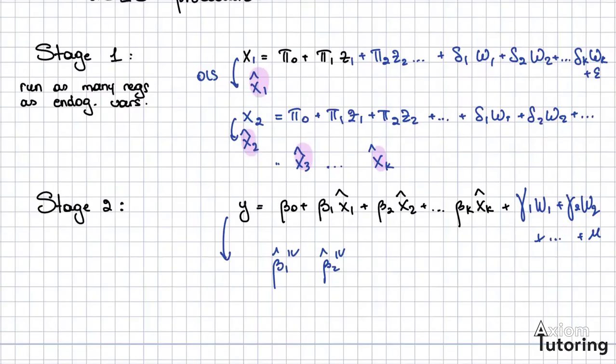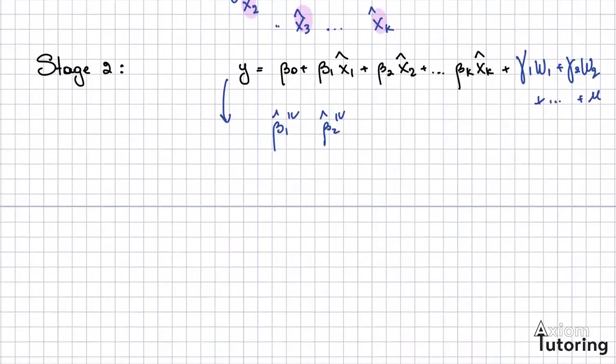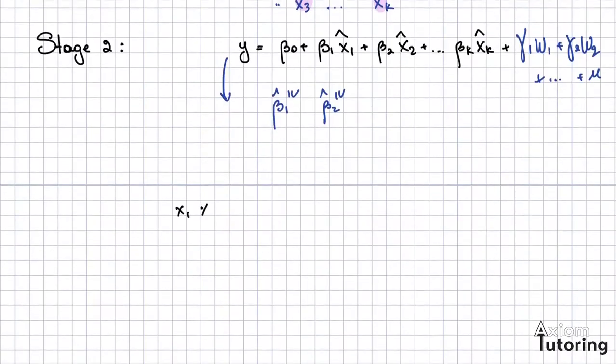Now, suppose for a moment we have two endogenous variables, x1 and x2. This is a much simpler case now. Keep in mind, for your first stage, what you're going to get is x1 equals pi 0 plus pi 1 z1 plus pi 2 z2 plus, let's say we only have one control, w, and v1.